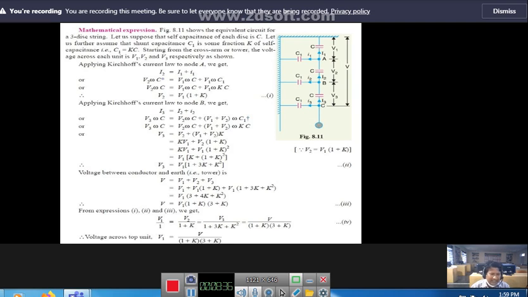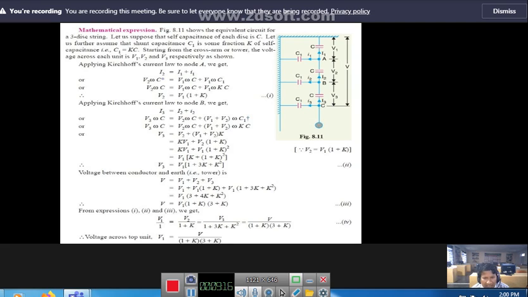Similarly, applying KCL at node B. The incoming current is capital I3, and the outgoing currents are capital I2 and small i2. Therefore I3 equals small i2 plus capital I2. I3 is V3 omega C, I2 is V2 omega C, and small i2 is the leakage current because of these two discs, so small i2 is V1 plus V2 times omega C1.